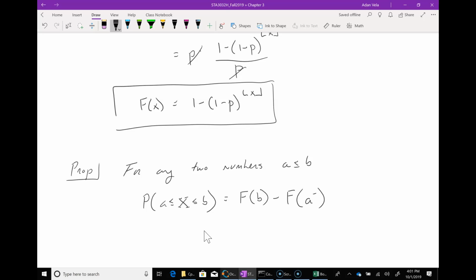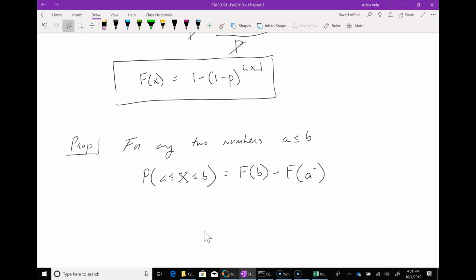Okay, what does this A minus mean? So this was actually a new one to me. A minus is the largest integer value that's smaller than A. Okay, so if I say 5 minus, then that's equal to 4.